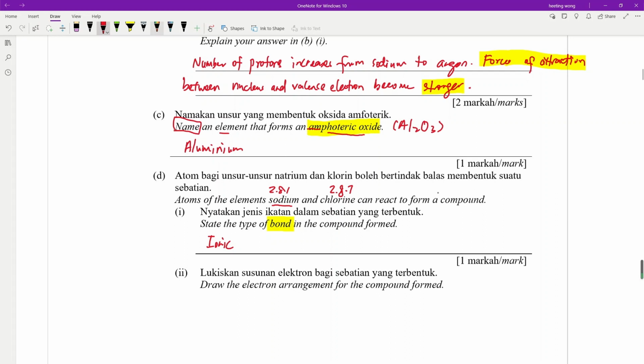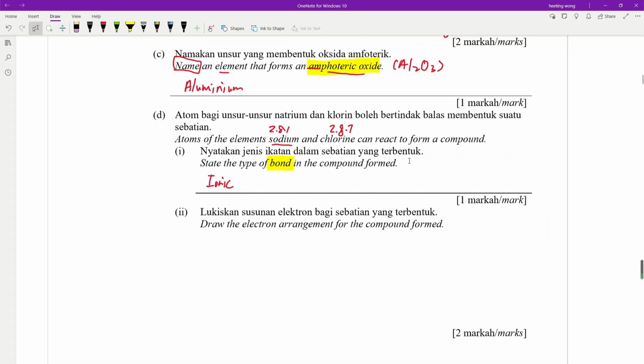So for the electron arrangement, the sodium atom releases one electron, so it forms a positive ion. This is the nucleus, then 2, 8, to achieve octet electron arrangement.